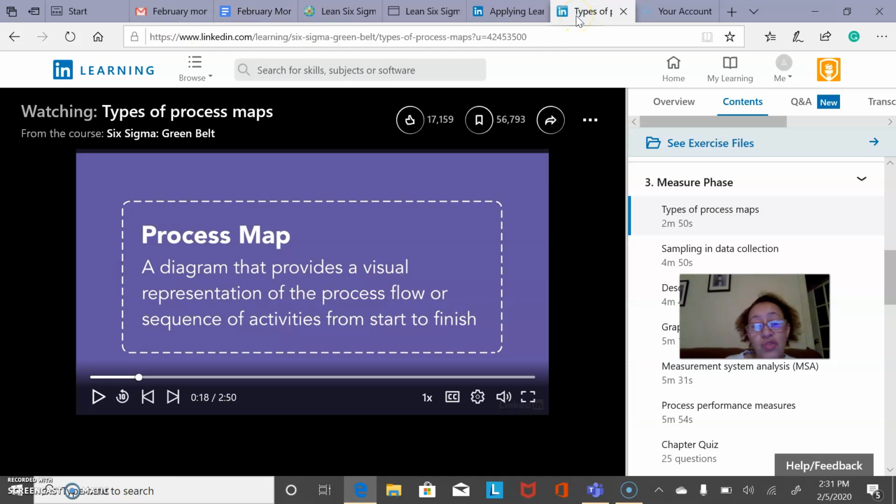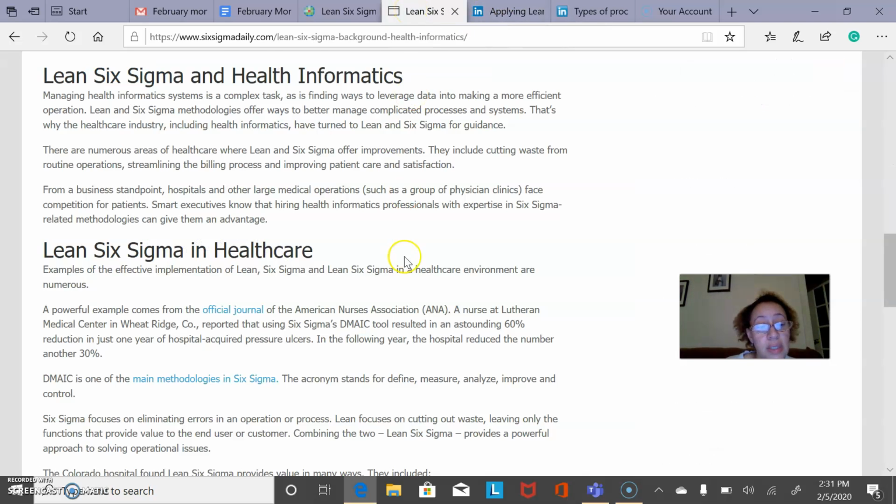Another way in which we could actually use it in healthcare is in, say, pressure sores reduction. They followed the tool's format in realizing what actually was causing pressure sores at a hospital here in Wheat Ridge, Colorado.